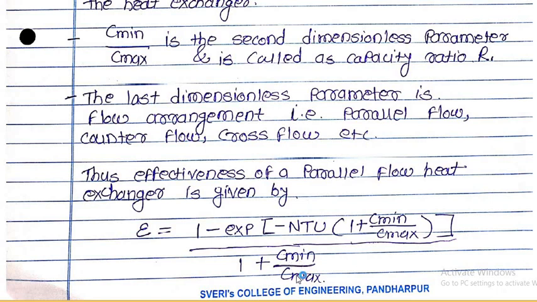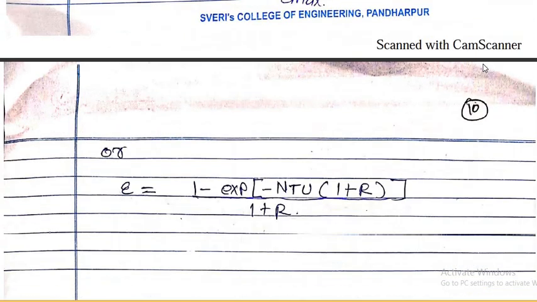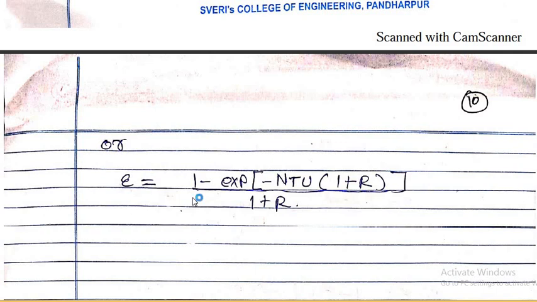Now we know that C minimum divided by C max is nothing but the capacity ratio, that is R. So instead of C minimum divided by C max, we can write R also. So we can write this equation as effectiveness is equal to 1 minus exponential into bracket minus NTU into bracket 1 plus R, bracket complete, square bracket complete, whole divided by 1 plus R.